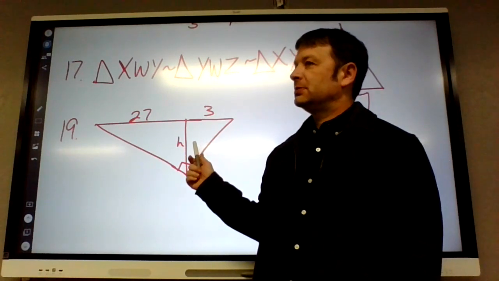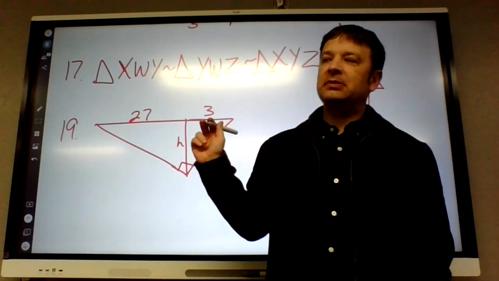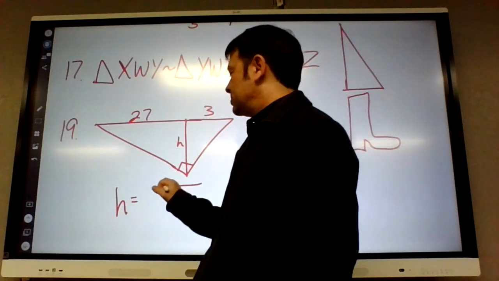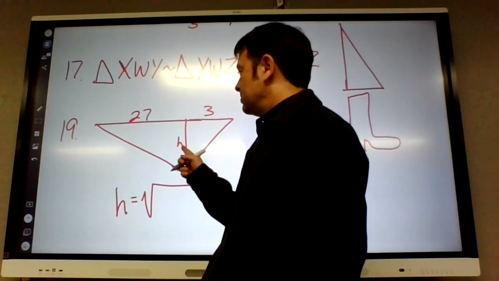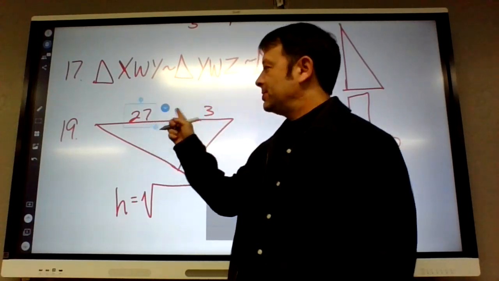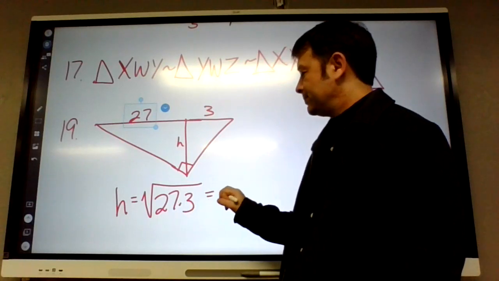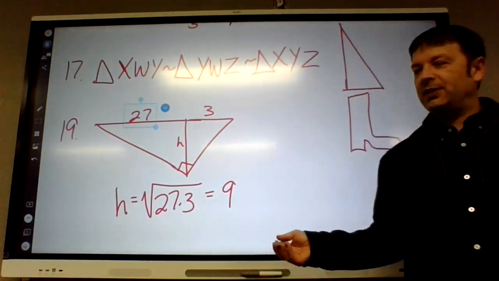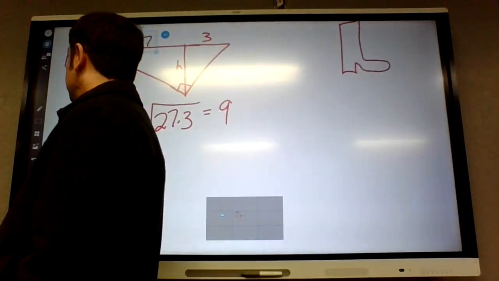Square root of 27 times 3. If it's in the middle, you just use one of each. 27 times 3 is 81. Square root of 81 is 9.